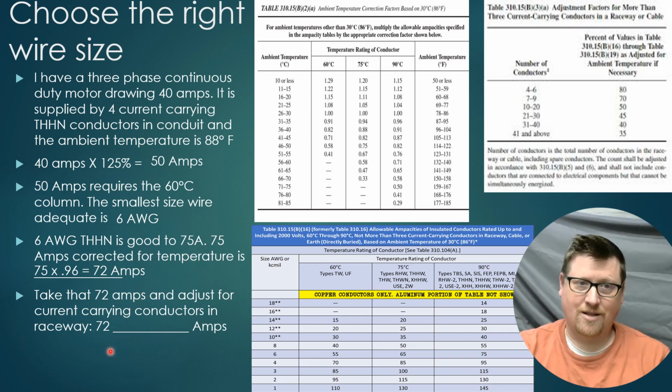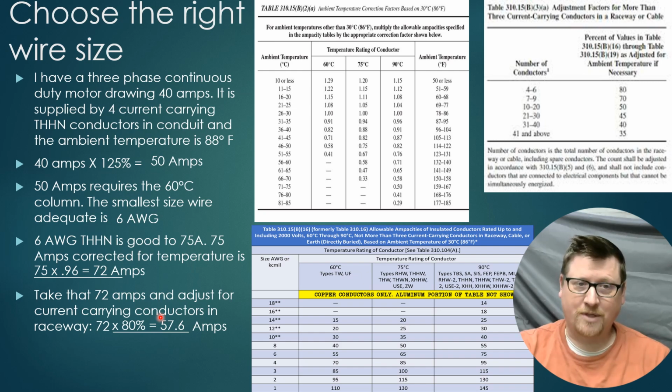These compound upon one another. So if we've already reduced down to 72 amps, now we take that 72 amps and multiply it in this column by 80% to get 57.6 amps.